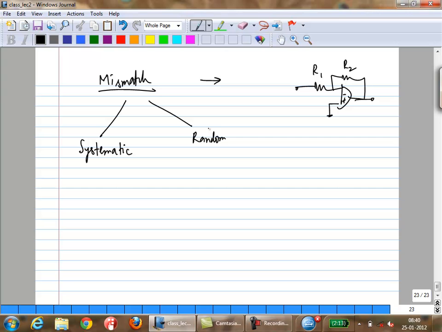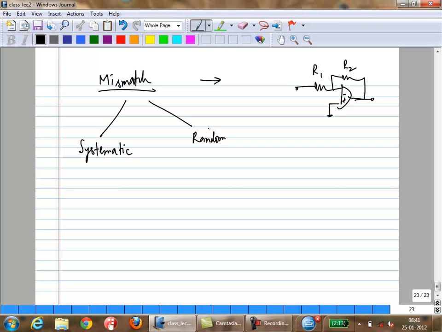So mismatch in circuits has two components. One is systematic, the other is random. Okay? Systematic mismatch you can definitely do something about. Random mismatch, you can do some things, but there's not a lot you can do about it because it's beyond your control.